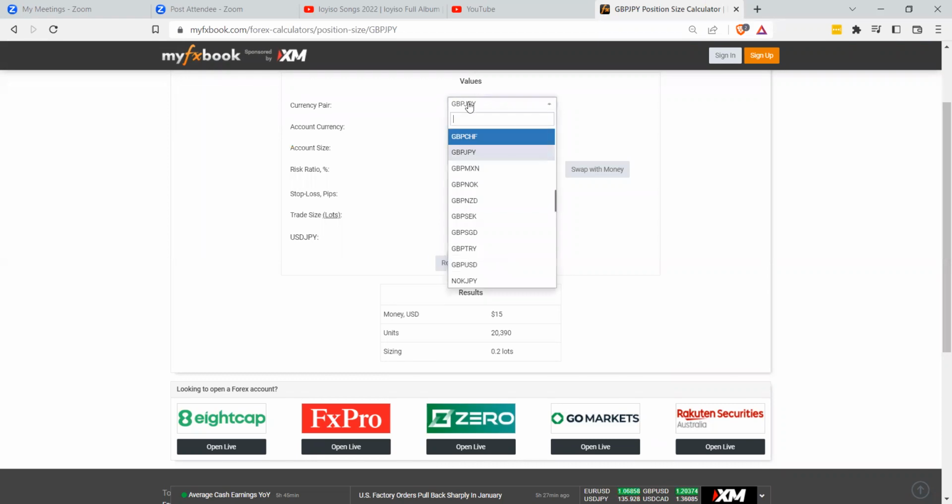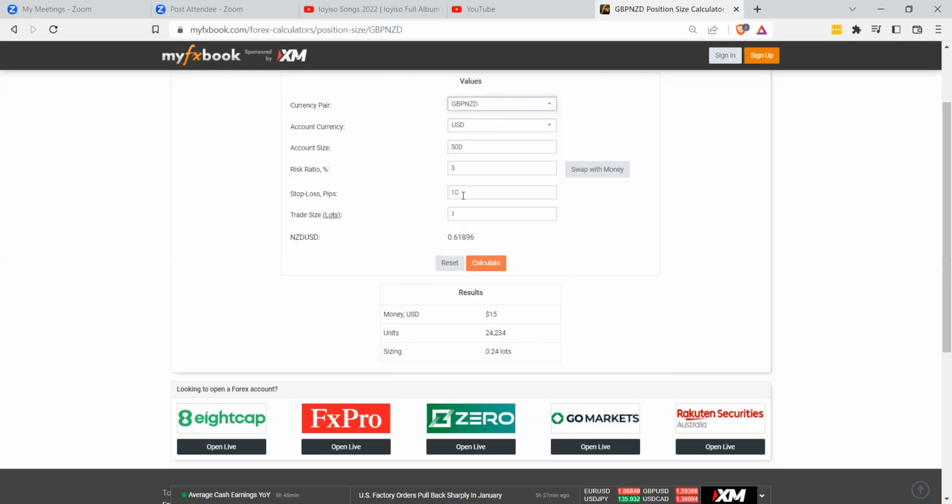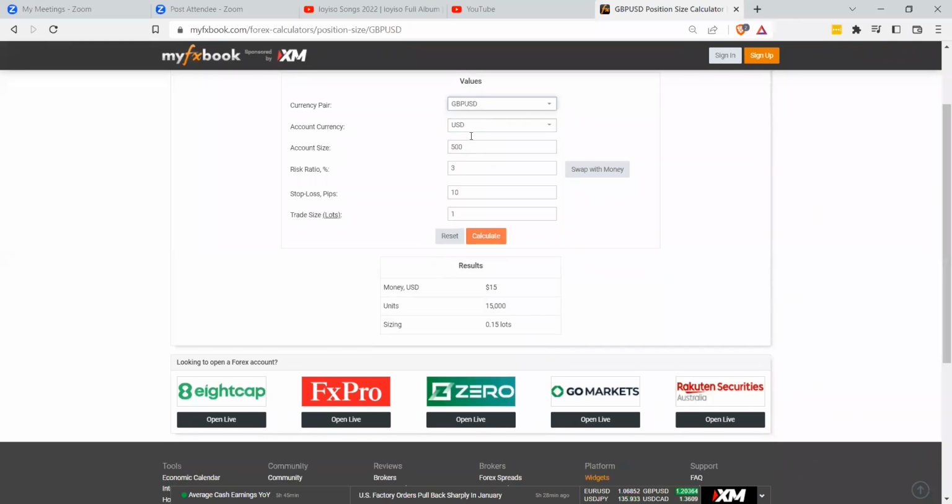Switch from GBP JPY to GBP NZD and click calculate. You can see for GBP NZD, the lot size has changed from 0.20 to 0.24. If I'm trading GBP USD, for example, it changes to 0.15.